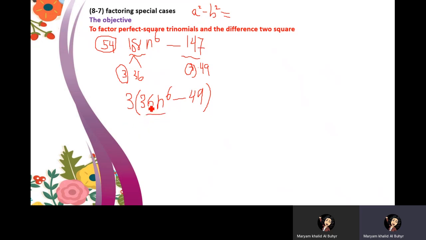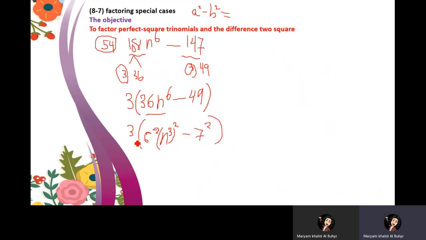You know that 36 is 6 to the power 2, right? And you can also write n to the power 6 as n cubed all to the power 2, right? Now minus 7 to the power 2.